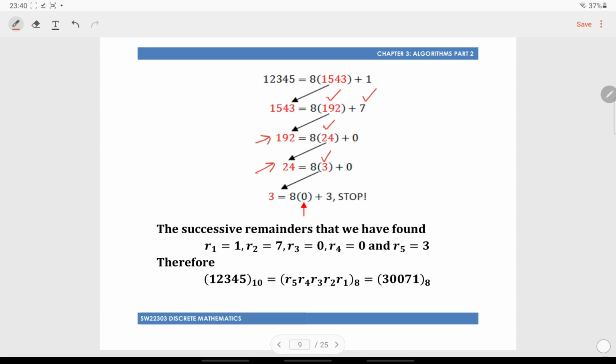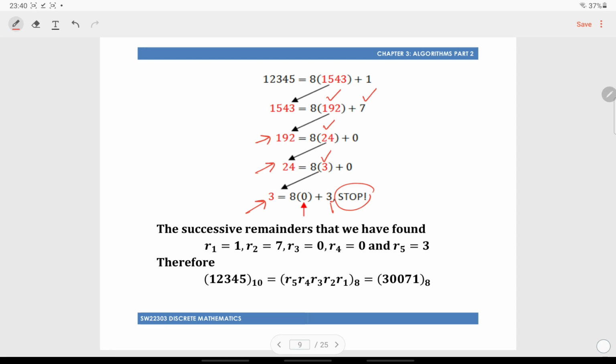Again, because the quotient 3 is not equal to 0, we proceed with the next step. We divide 3 by 8, the quotient equal to 0 because 3 is smaller than 8, and the remainder equal to 3. Then we stop.